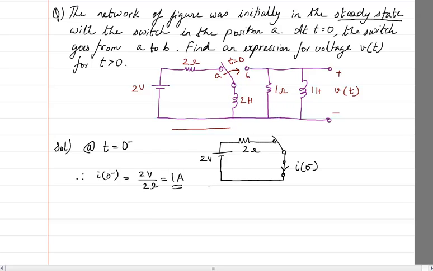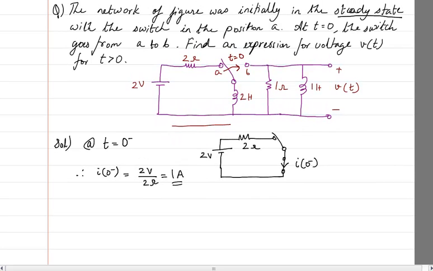of the inductor, and then the switch is going from position A to position B. In that case, as it goes from A to B, what is the condition of the circuit at t greater than 0? That is the first thing that we have to draw. So I will draw that. I will have the inductor, but now the inductor is transformed to 2s.